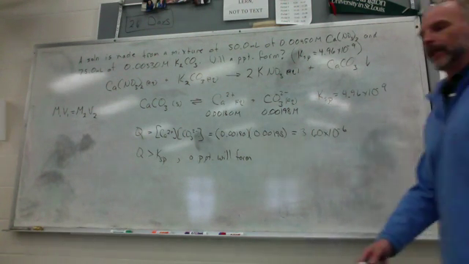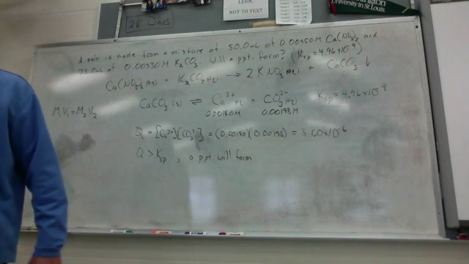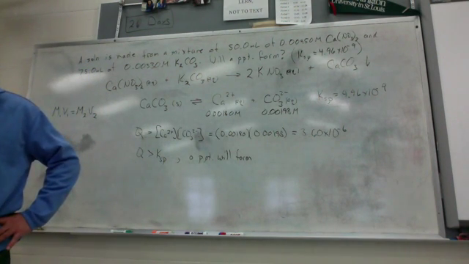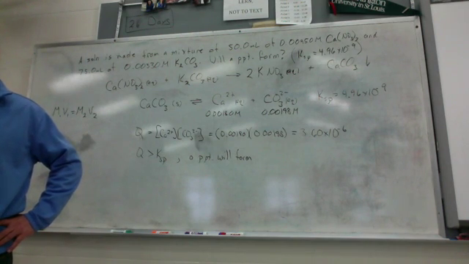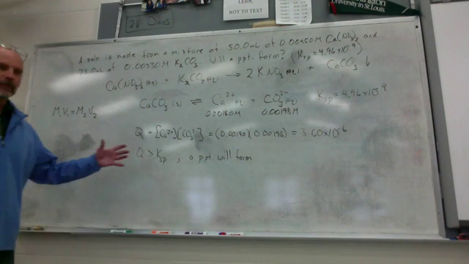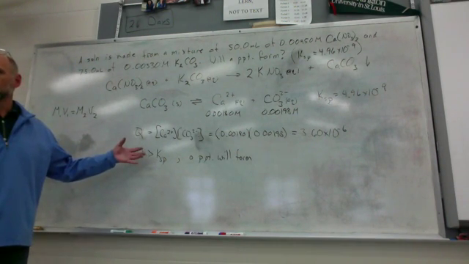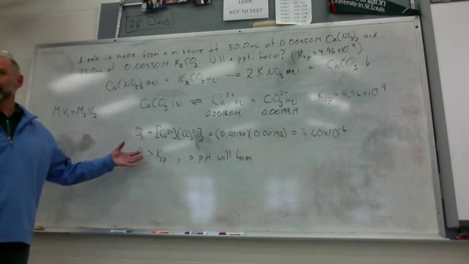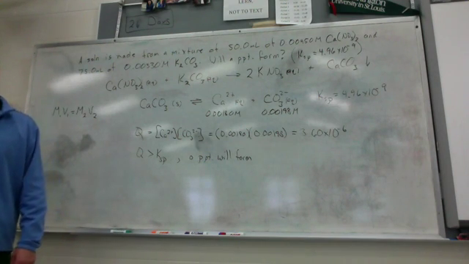The next question. I'm sure some of you are thinking this. Okay, two of you are thinking this. What else could we figure out from this? How much? Were you thinking that? Awesome. How much is going to precipitate?